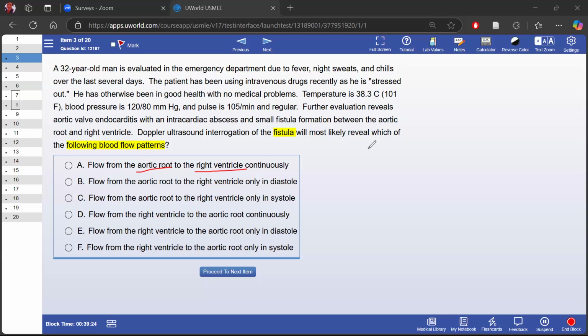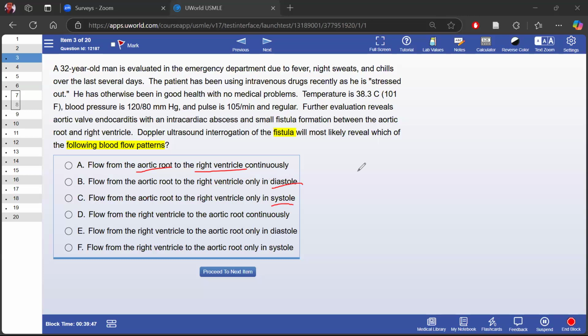Now, the next question is, the examiner wants us to determine whether the flow will be different during systole or diastole, or whether it will be continuous. What do you think?